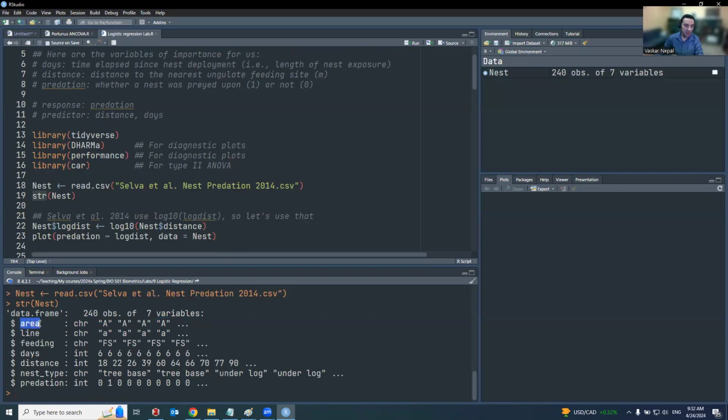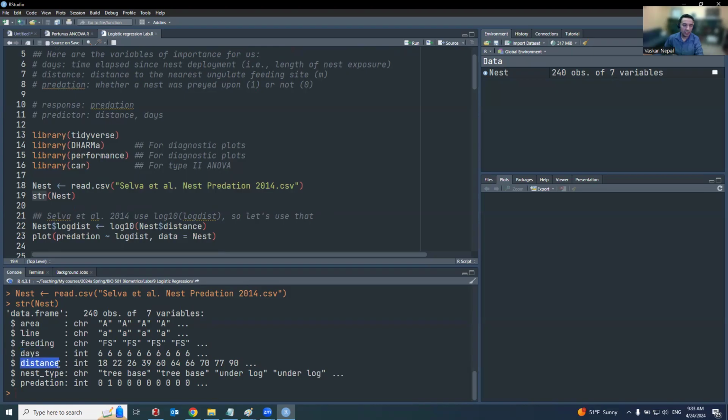The 7 variables are area, line, feeding, days, distance, nest type, and predation.